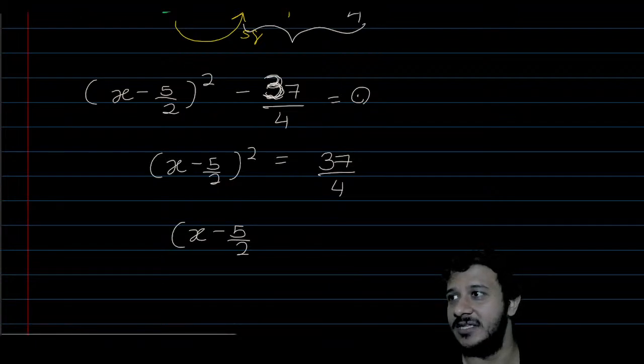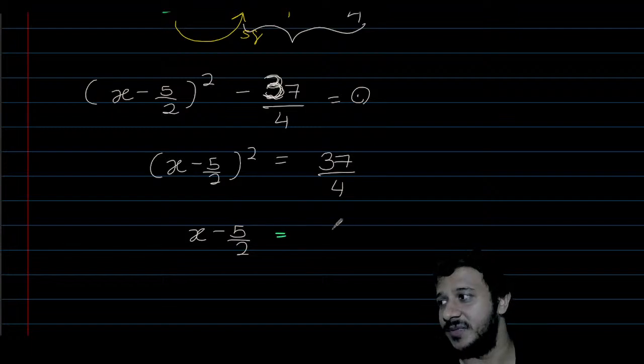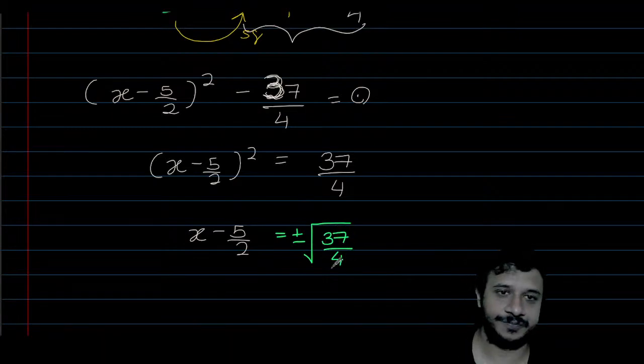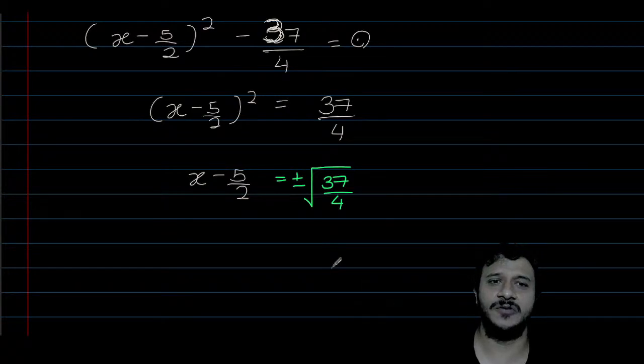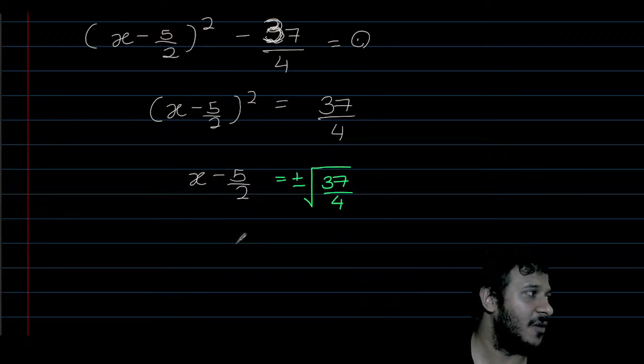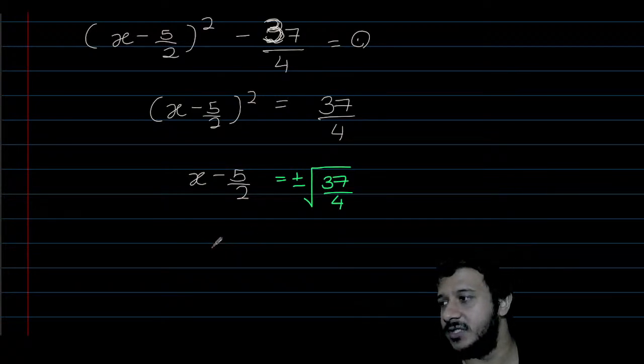Actually, we don't need to write the bracket anymore because square goes to the other side. Then this minus 5 over 2 will come to the other side as a positive 5 over 2. That will give us x is equal to positive 5 over 2 plus or minus square root of 37 over 4.